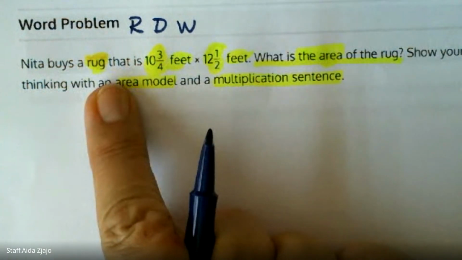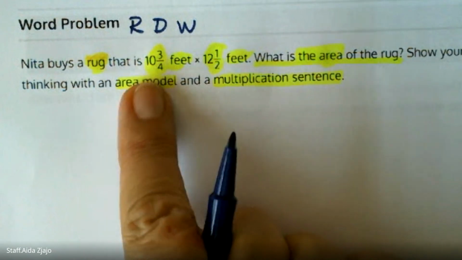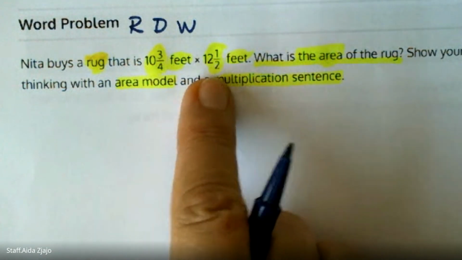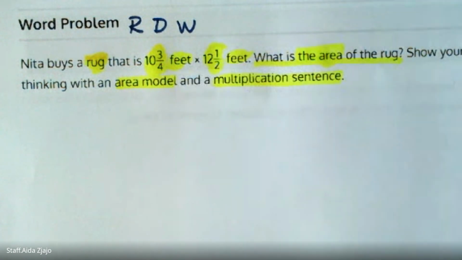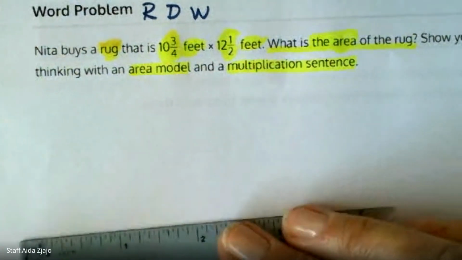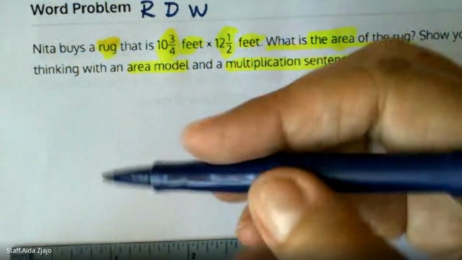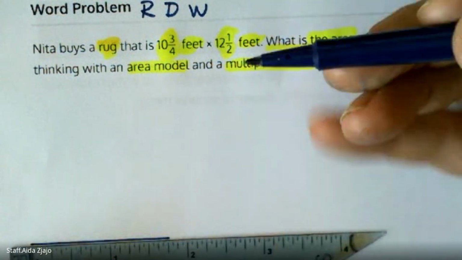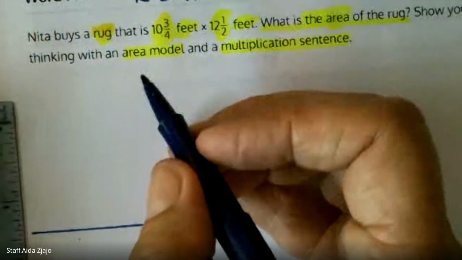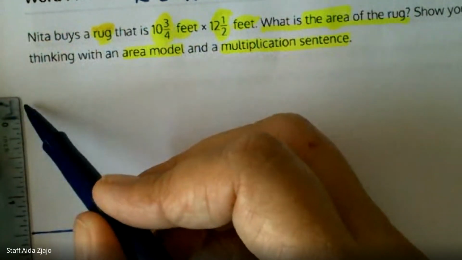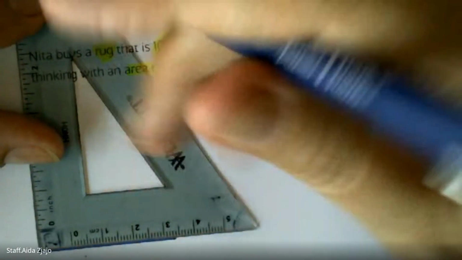Nita buys a rug. The rug is a rectangular shape that is 10 3/4 feet by 12 1/2 feet. So let's draw that. I'm going to make perpendicular lines, so hold on.